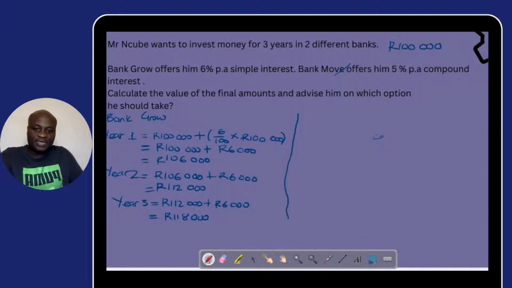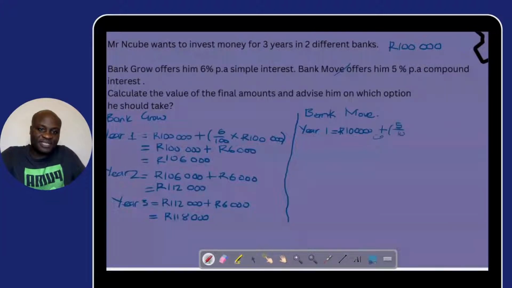Let's check the other bank. Now, it's Bank Move. Let's see how Mr. Ncube is going to move using Bank Move. Notice the calculations will be different. Year number 1 is 100,000 plus, open bracket, this one is 5% multiplied by 100,000.